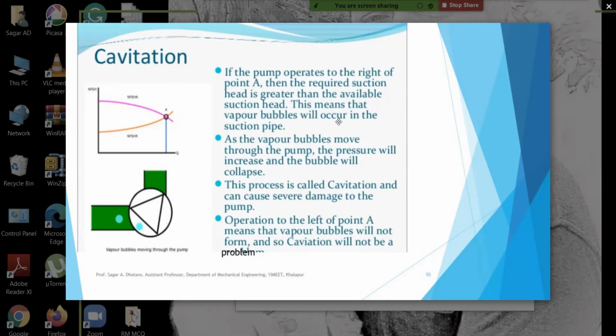If the pump operates to the right of point A, then the required suction head is greater than the available suction head. It means that vapor bubbles will occur in the suction pipe. As the vapor bubbles move through the pump, the pressure will increase and the bubbles will collapse. This process is called cavitation, and it can cause several kinds of damage to the pump.